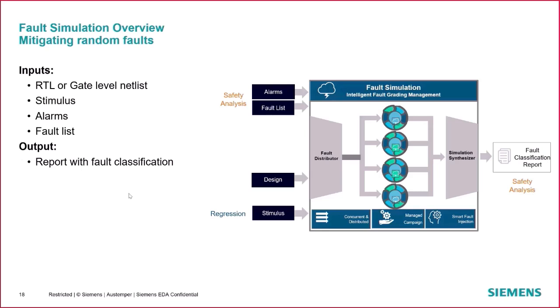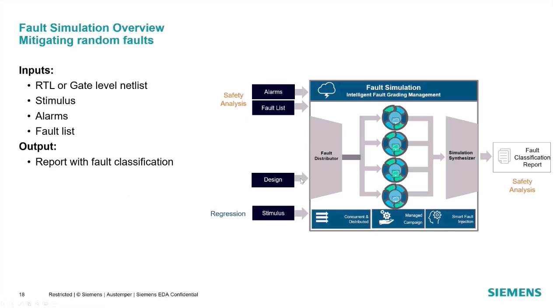We now have the exploration FMEDA available. And we have also gone ahead and inserted those safety mechanisms that we chose in our analysis step. We have also gathered the regression or the stimulus data. Now we will be performing fault injection on individual failure modes to individual portions of that design.